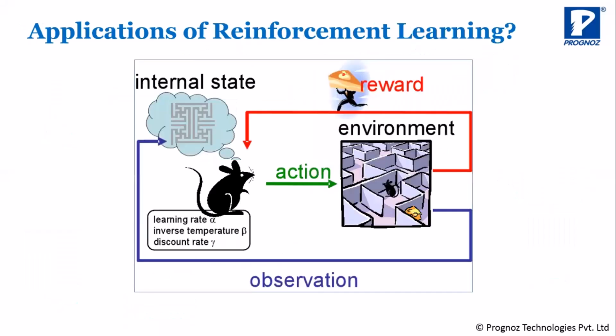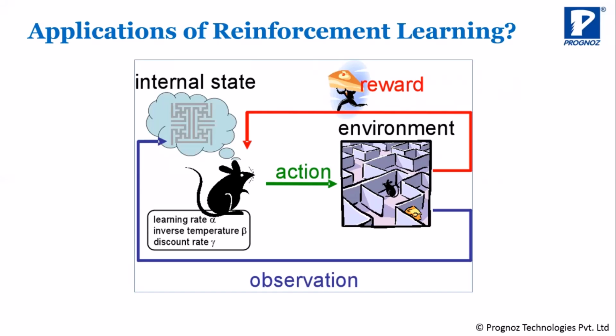This is basically used in gaming applications. So what happens in a gaming application? When the model starts playing the game, there will be certain cases where there is a win. Sometimes he will not win, he will lose. So whenever he wins, he gets some reward. But whenever he fails, then he gets a kind of penalty. So based on this reward and penalty, the model is learning.